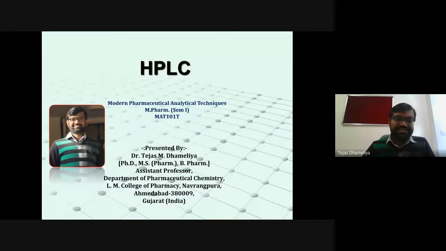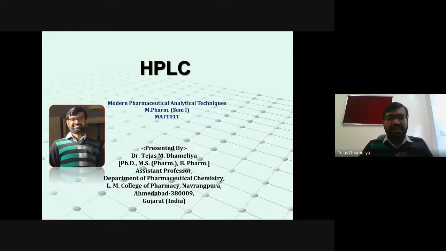Already in the last session, I have discussed with you the various components of HPLC with respect to their instrumentation, and some of the basics, especially resolution, the capacity factor, and selectivity coefficient. So all of this we have seen.